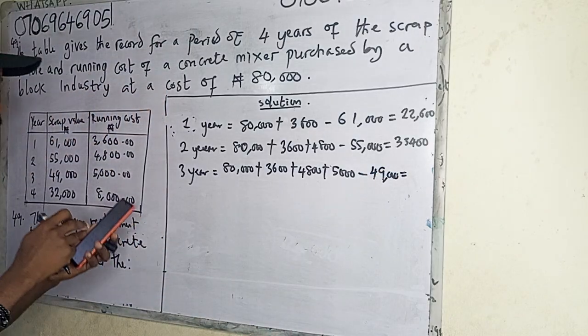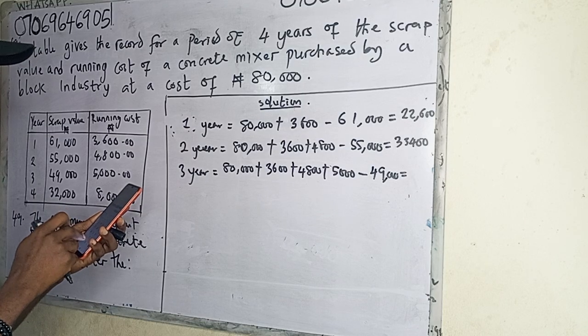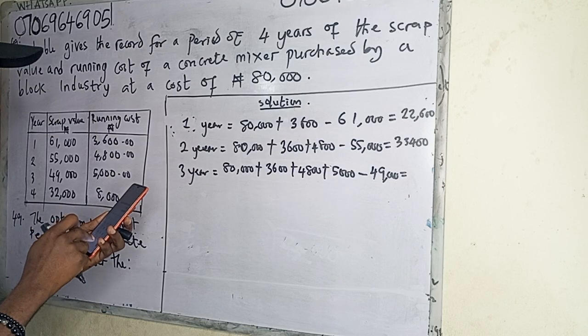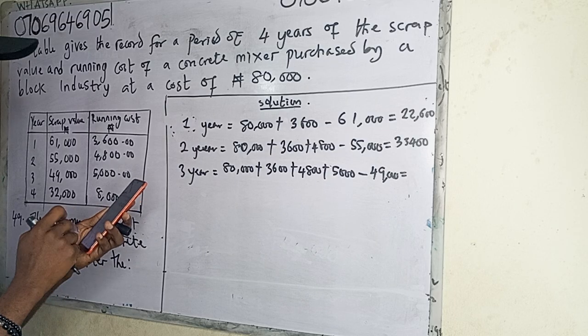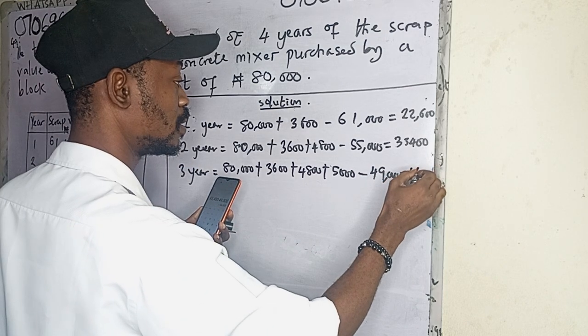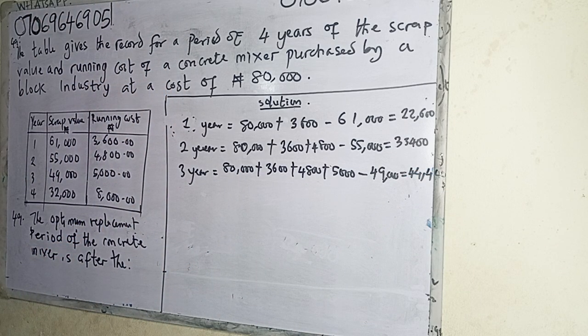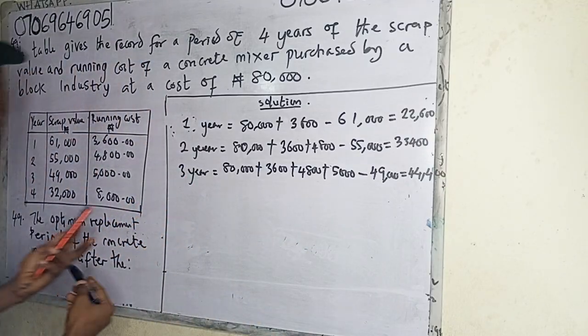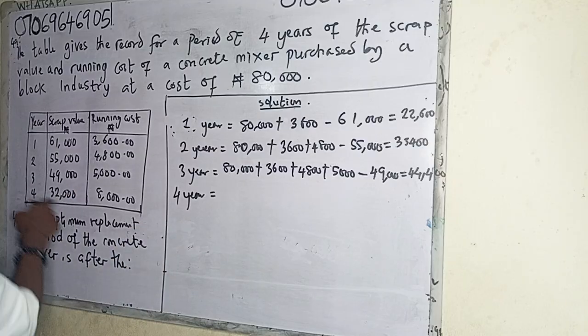So the total cost is 80,000 plus 3,600 plus 4,800 plus 5,000 minus 49,000. That's 44,400.